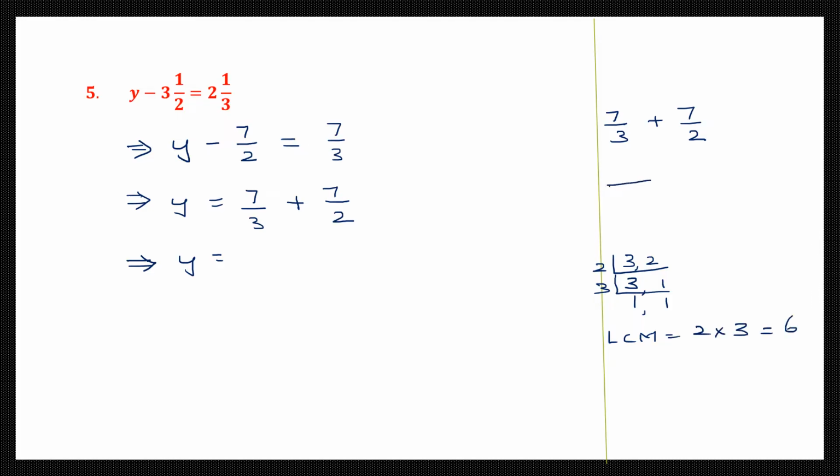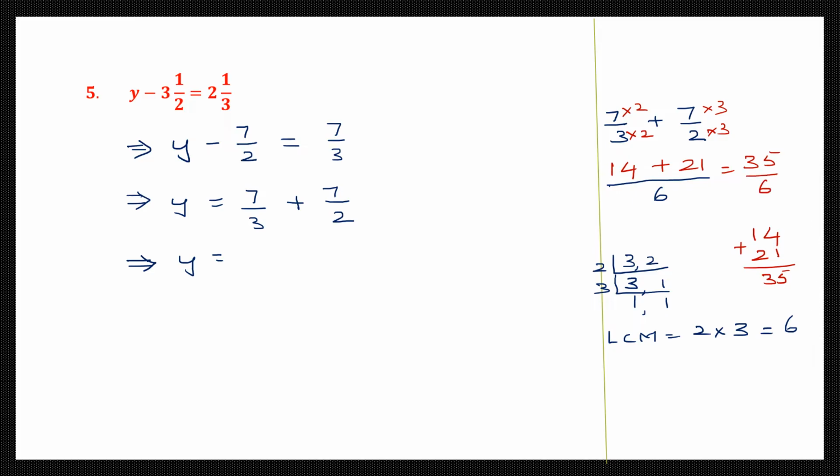So let's use 6 as the denominator and find the new numerators. 3 2s are 6. So 7 2s will be 14 plus 2 3s are 6. So 7 3s are 21. So 14 plus 21. So let's add that up. 14 plus 21. We get 5. 2 plus 1, 3. So this is 35 by 6.